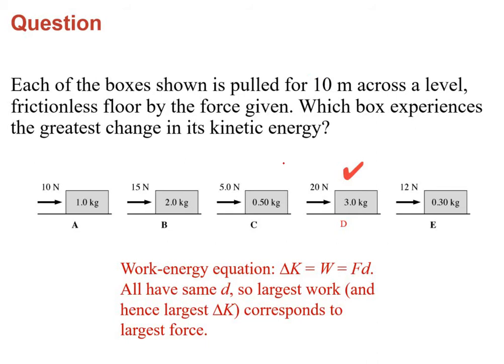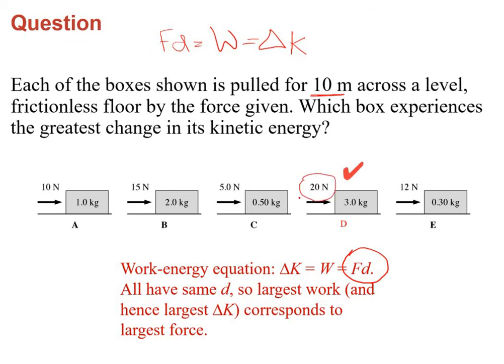What you have to think about is total work done. Work done is equal to the change in kinetic energy, right? And work done is just F times D. The greatest change in kinetic energy is going to be where F times D is the greatest. Since D is the same, just 10 meters for all of them, you have to pick the one with the greatest force.